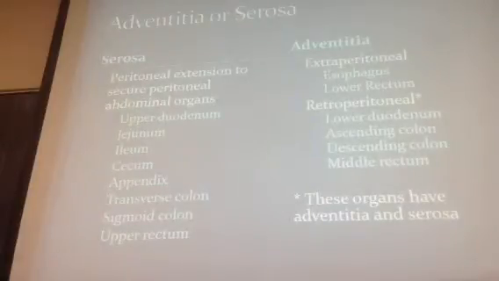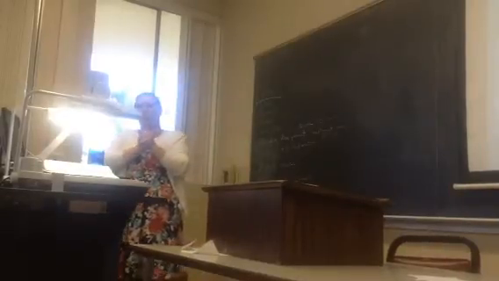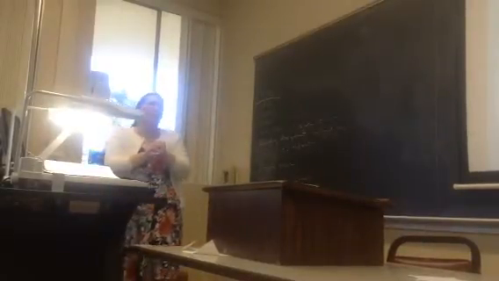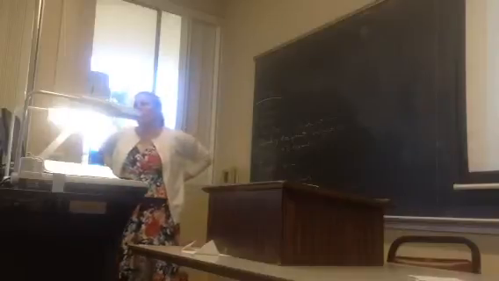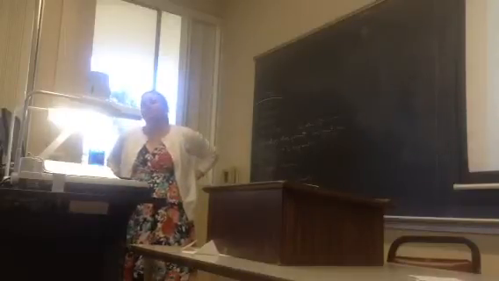Okay, so your adventitia or serosa. Okay, the difference between these two things is adventitia is extraperitoneal. So we have a peritoneum, right? And that's this sort of cavity surrounded by a membrane where most of our organs for the digestive tract are. There are some things that are retroperitoneal or extraperitoneal, like our kidneys. When they say retroperitoneal, that's right, they're in the back.